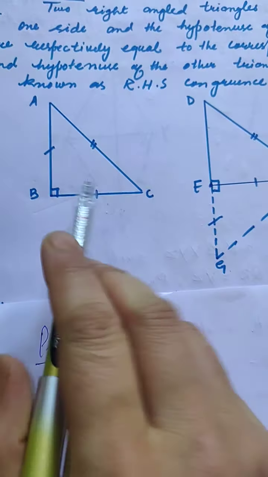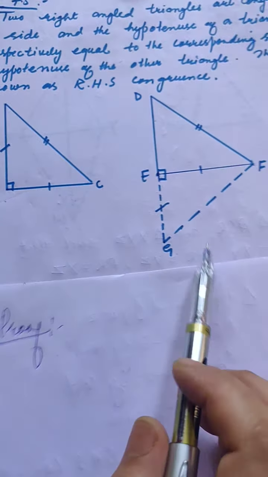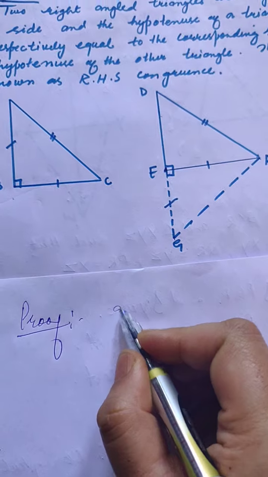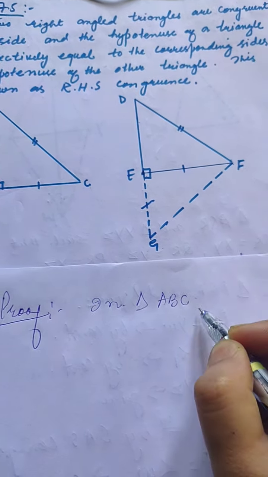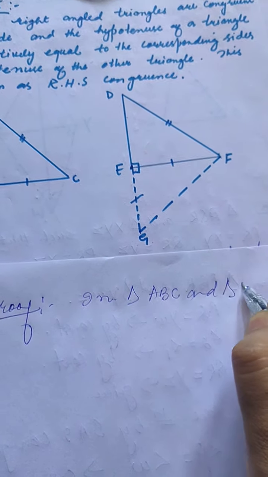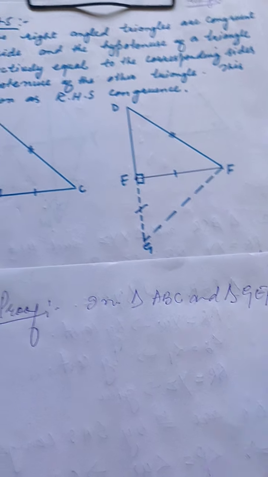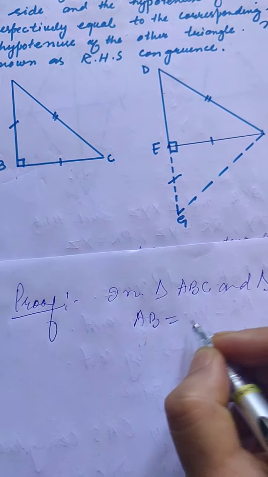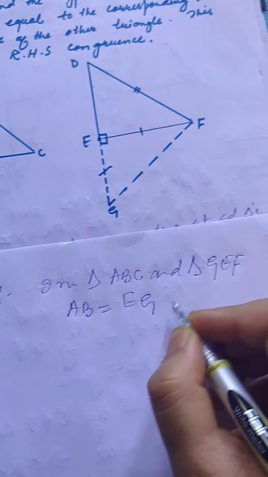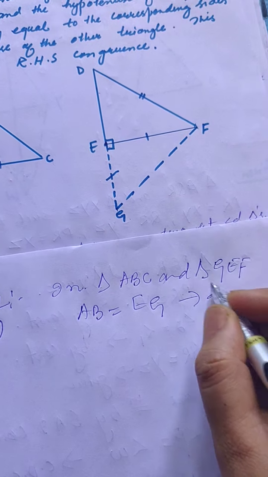Here first of all I have to show the congruency of triangle ABC to the triangle GEF. So let us take the two triangles, triangle ABC and triangle GEF. Here AB is equivalent to EG, this is by construction.